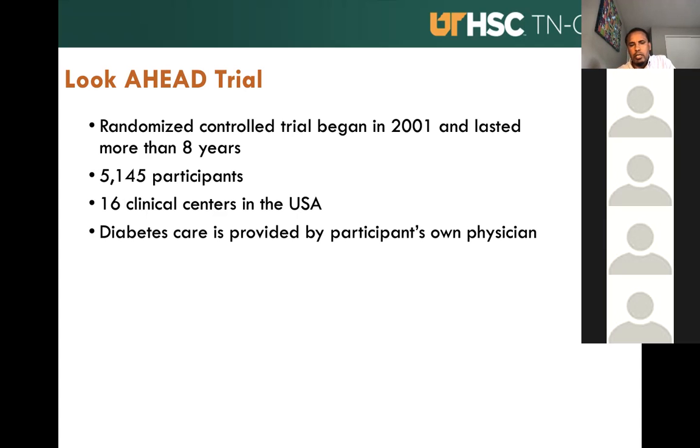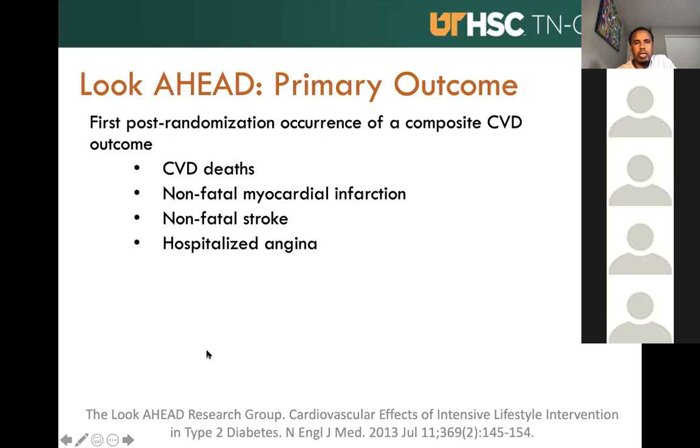The diabetes care was provided by the participants' own physicians. The primary outcome was the composite of cardiovascular outcomes, including cardiovascular disease-related deaths, non-fatal myocardial infarction, non-fatal stroke, and hospitalized angina. So the primary outcome is the composite of all four conditions.